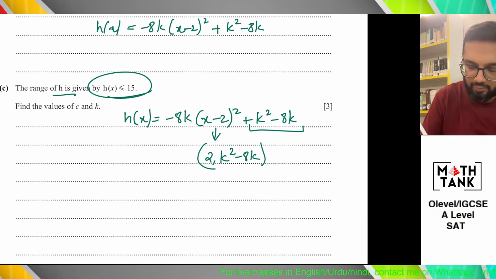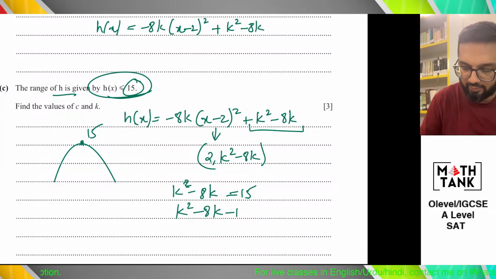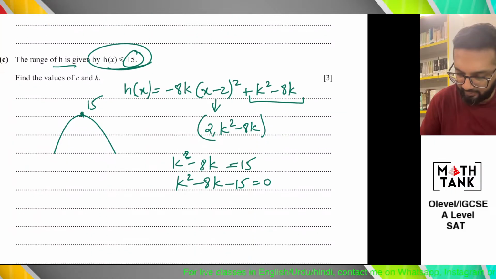So if this is 15 and this is a sad face curve, as I can see from the numbers that I have, this point is 15, which means that k squared minus 8k equals 15. k squared minus 8k minus 15 equals 0.